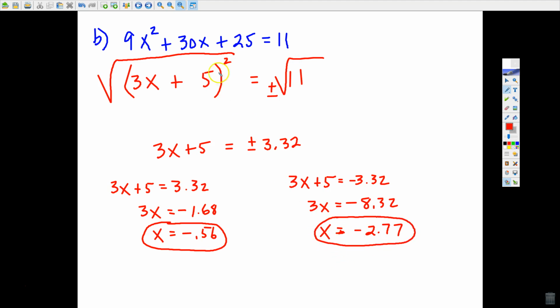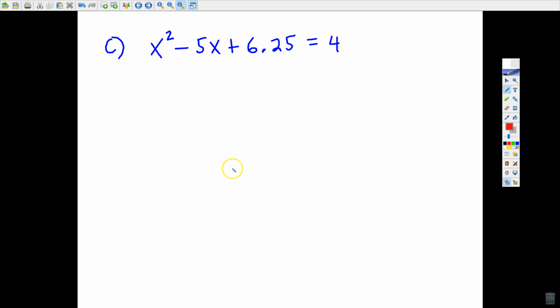Alright, so let's try another one. Alright, let's see if we have a perfect square trinomial. We know that this has a perfect square root. If we do the square root of 6.25, we get 2.5.